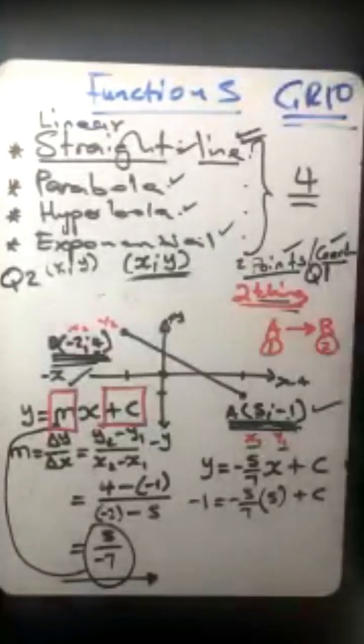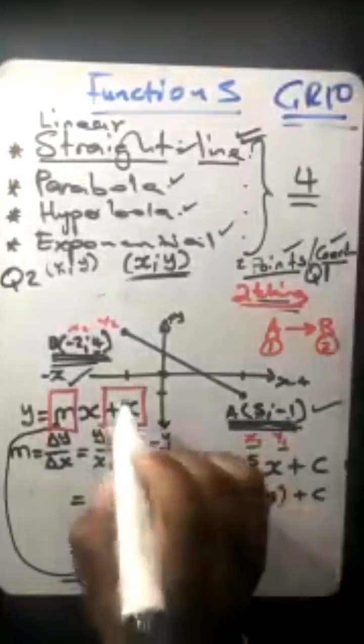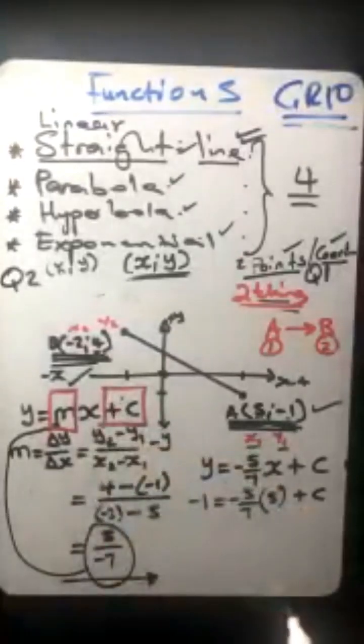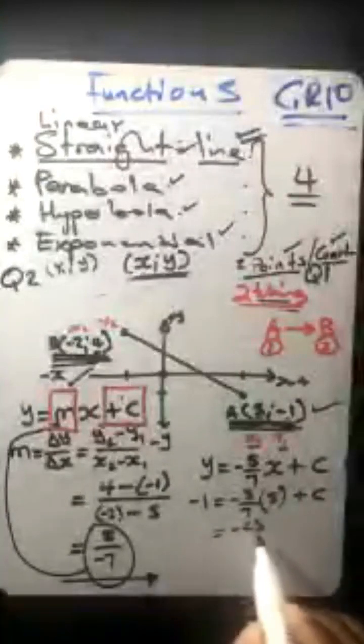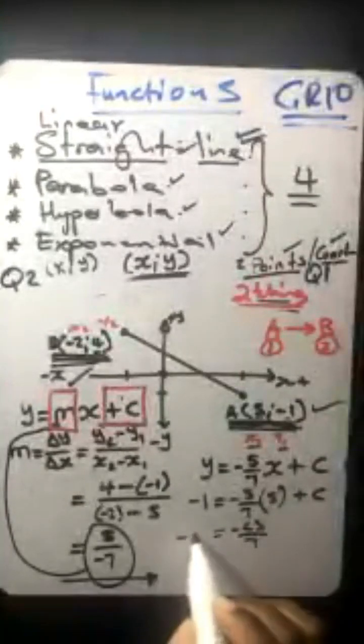What are we doing there, guys? We are trying to get the c value, because once we get the c value, it means we have determined all that we need to know in order to provide an equation of a straight line. So you will need to multiply that by that, I think it's negative 25 over 7.